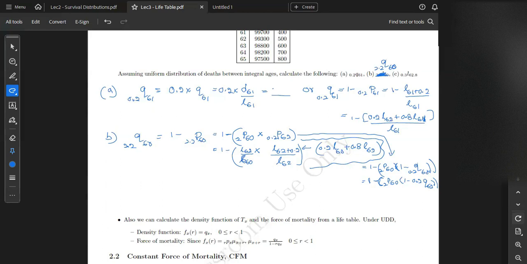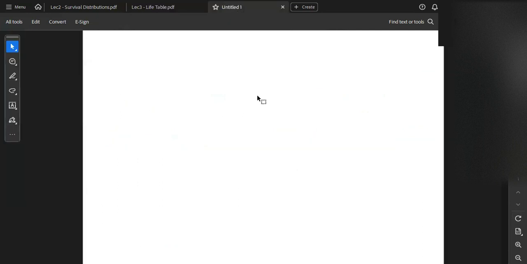Let's find the probability of Q. Instead of that, because I can explain another interesting point here, I'll use the same table, but now I'm going to calculate the death probability of a person who has already survived for 62.8 years, and the death occurs within the next 0.3 years.